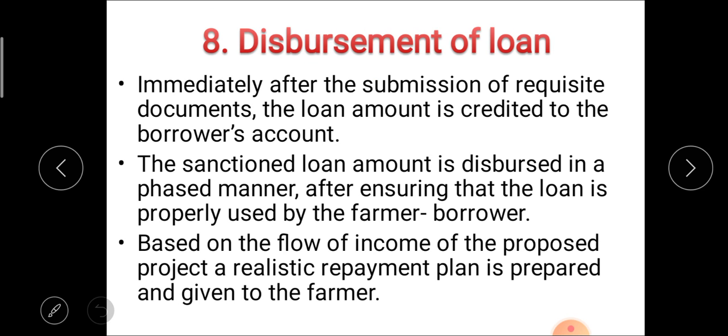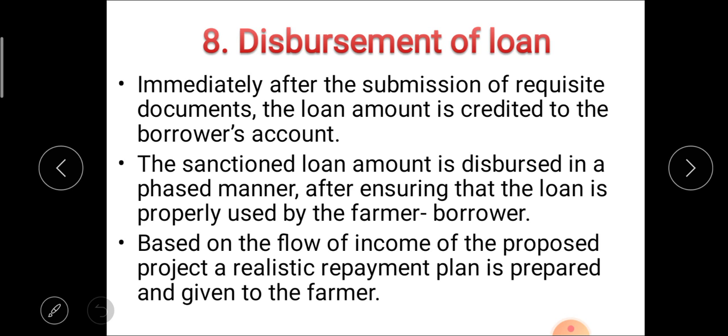After that, next stage, that is disbursement of loan. Immediately after submission of requisite documents, the loan amount is credited to the borrower's account. The sanctioned loan amount is disbursed in a phased manner after ensuring that the loan is properly used by the farmer borrower.